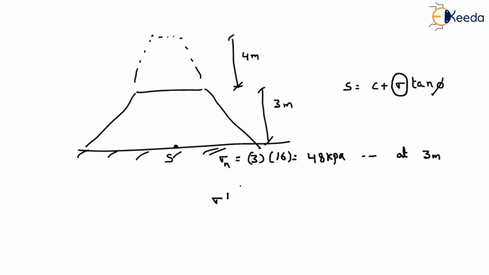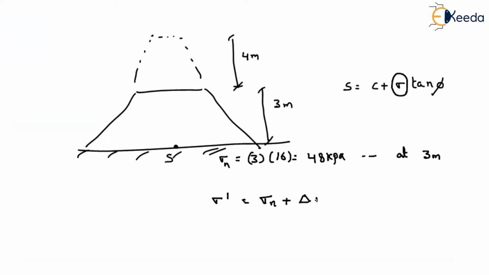So how can I find out this effective normal stress? Let us say the initial normal stress is sigma n. Because of the construction of this embankment, as the embankment level is raised from 3 meter to 7 meter, what is the change in normal stress that occurs? That is what we have to find out.